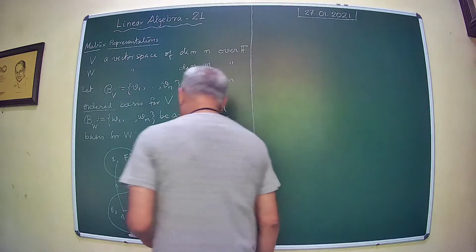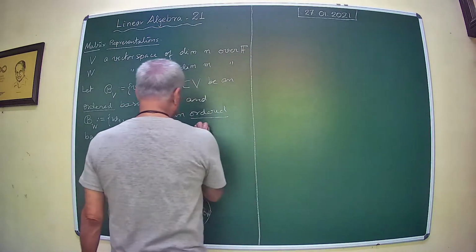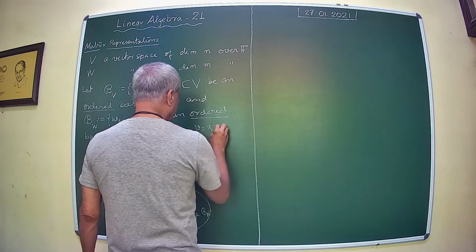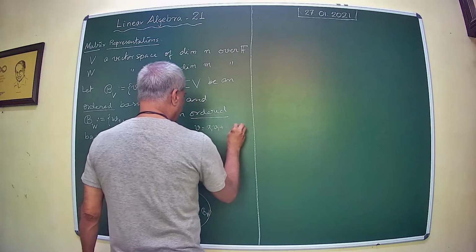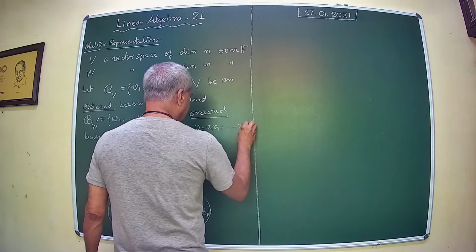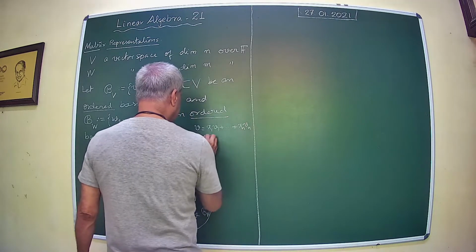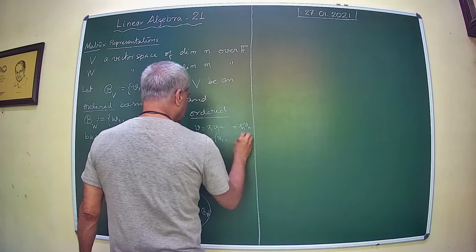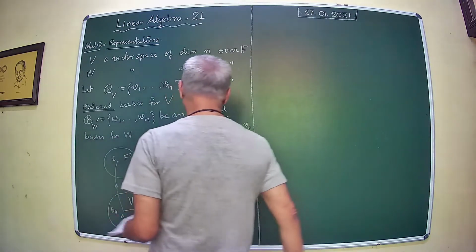So if v has a unique representation, x1 v1 plus up to xn vn, we write x to be (x1, ..., xn).